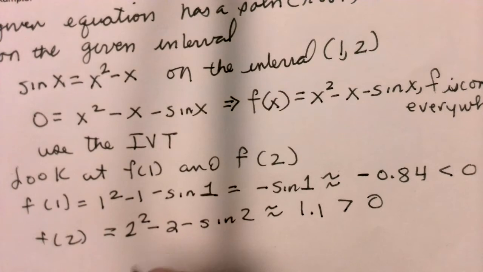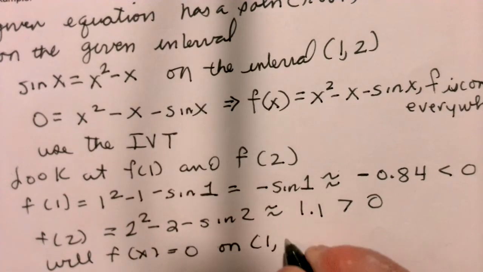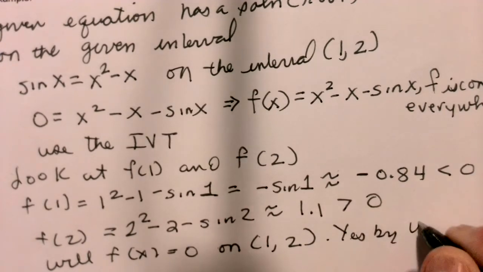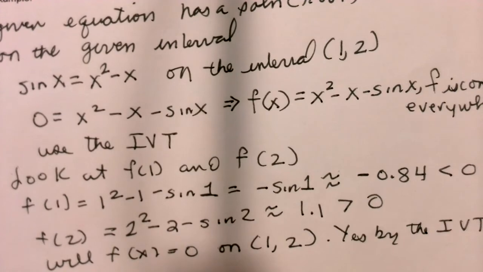So will f of x equal 0 somewhere on the interval 1, 2? And the answer is yes, by the intermediate value theorem. Because you think about it, it was continuous from 1 to 2, and at 1 it was negative, and at 2 it was positive. So it's doing something in here, we don't really know what.